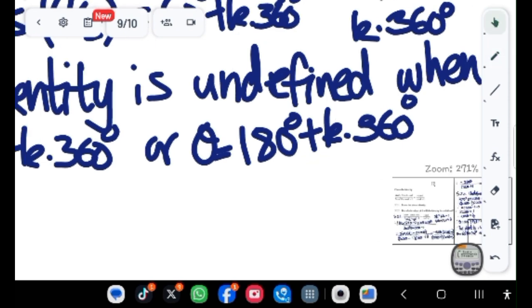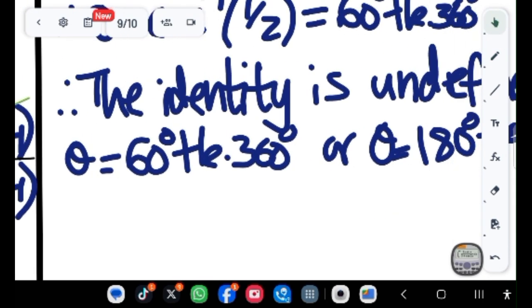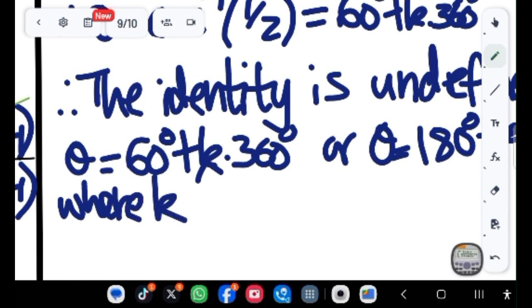That just means as many revolutions both in the positive and the negative direction of the CAST diagram, where k is an element of the integers.